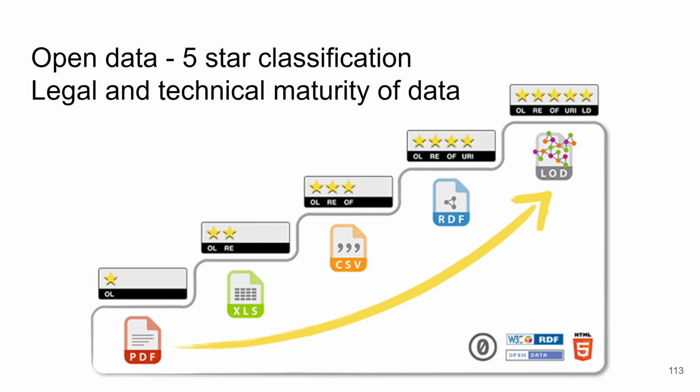And there is a 5-star classification of open data, where the first star is that the data is technically in whatever data format imaginable, but there are free or open terms of use specified, an open license. Now, this can be a PDF file or a machine unreadable file, as long as it has free terms of use or open terms of use.